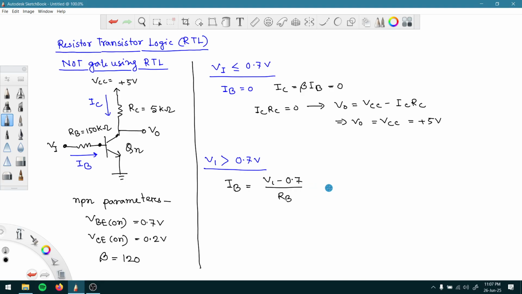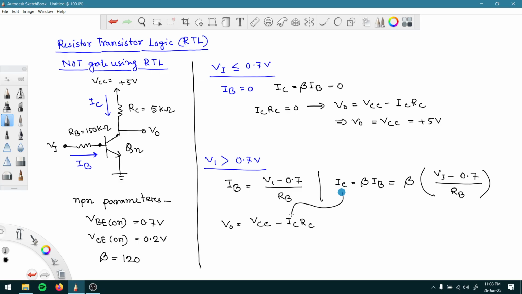Using that we can also find out other parameters, like we know IC should be equal to beta Ib. So we can say beta times Vi minus 0.7 divided by Rb. And from that we can also find out the value of V0, because V0 is equal to VCC minus ICRC, and we can put the value of IC here.